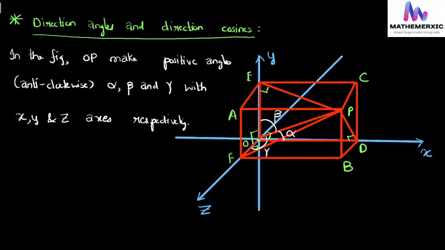These angles are known as direction angles. So these angles are in anti-clockwise direction with the axes, that is alpha, beta and gamma.